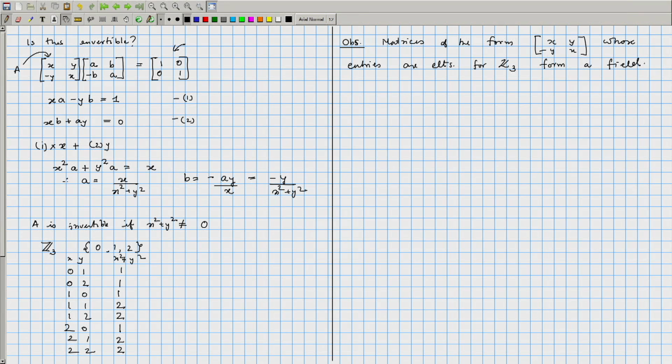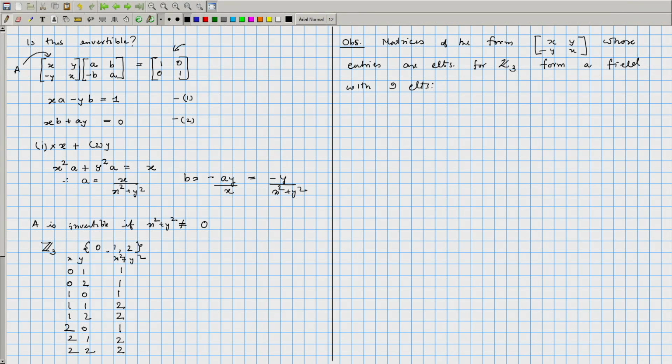Once x and y have been fixed, the matrix gets fixed. So, we constructed a field with 9 elements.